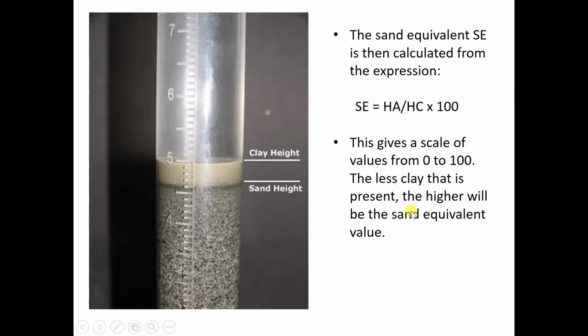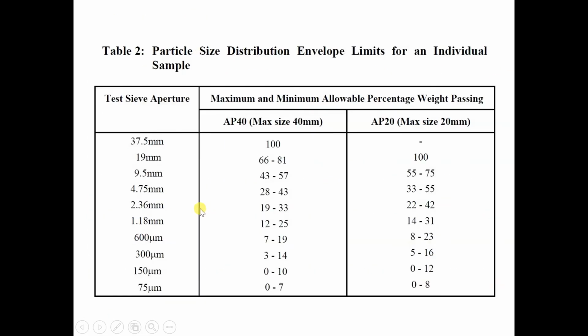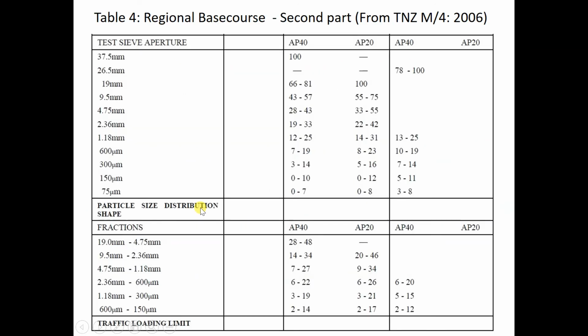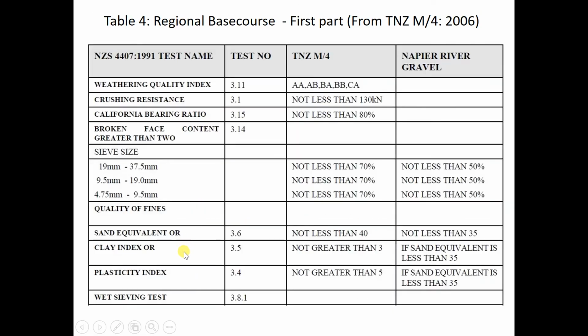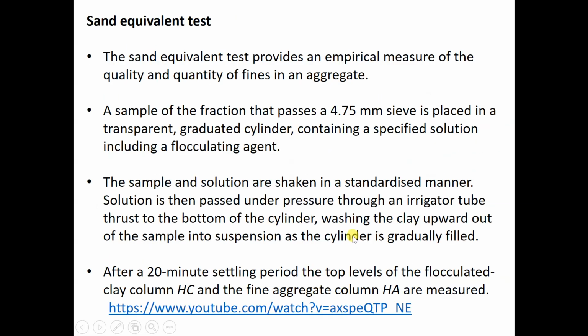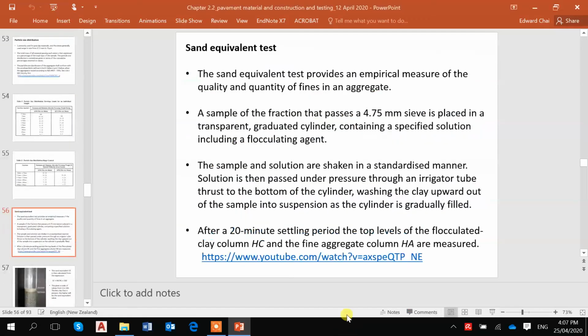We want a bigger value of the sand equivalent. For example, the sand equivalent should be not less than 40. The bigger the better. You can have 100, or it's better. Okay, we just briefly looked at the sand equivalent test.